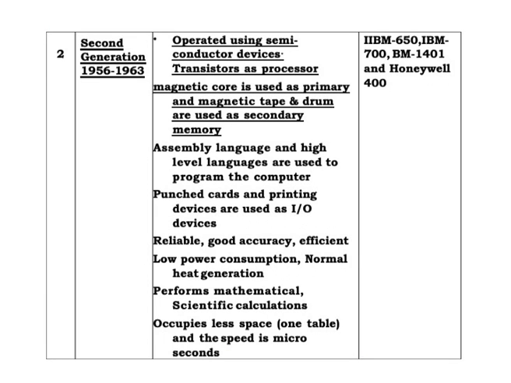Second generation computers operated using semiconductors as devices, almost replacing vacuum tubes, with transistors as processors. Magnetic core was used as primary memory, and magnetic tape and magnetic drum as secondary memory. IBM 650 and IBM 700 used these. Second generation computers had low power consumption, normal heat generation, and performed mathematical and scientific calculations.